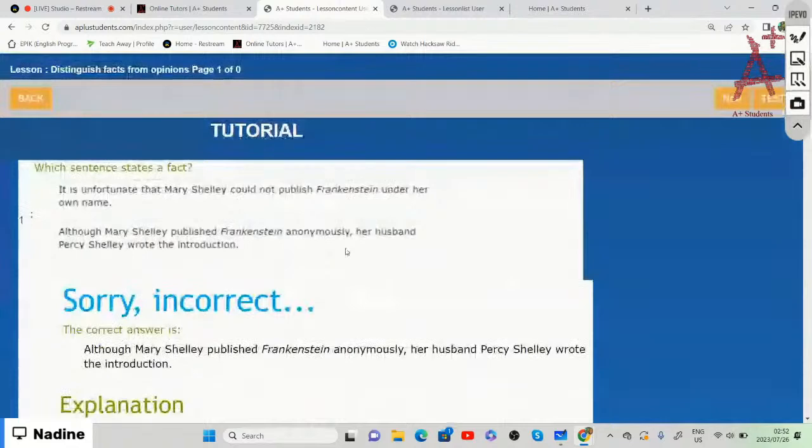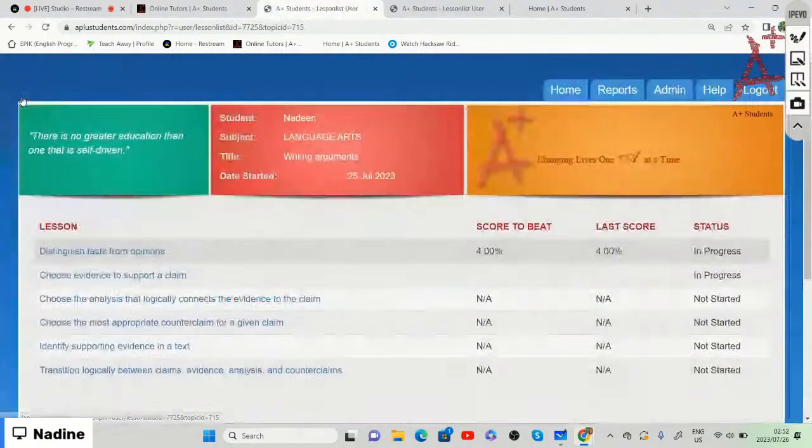All right. So that is now the end of our lesson on writing arguments. And we only went over distinguishing facts and opinions, as well as choosing evidence to support your claim. And remember, when we are writing, we are specifically focusing on formal writing or academic writing.